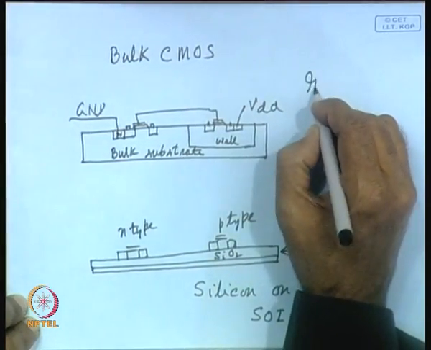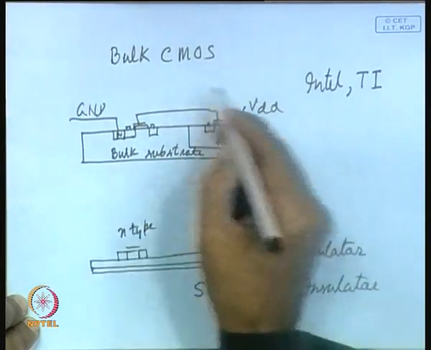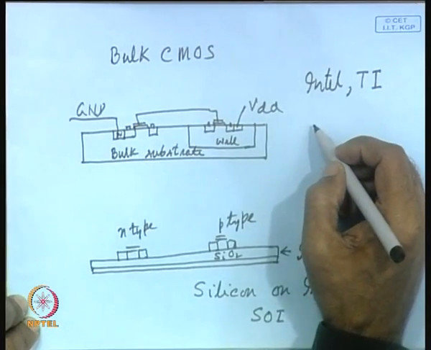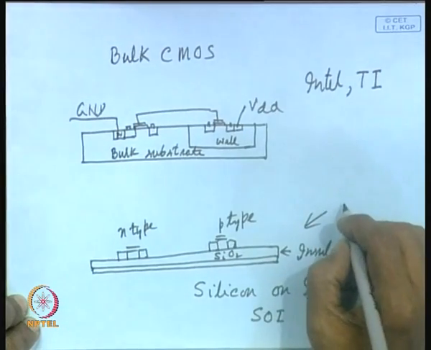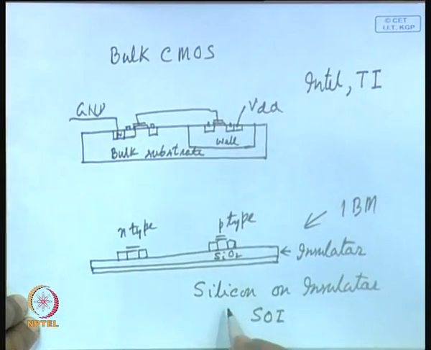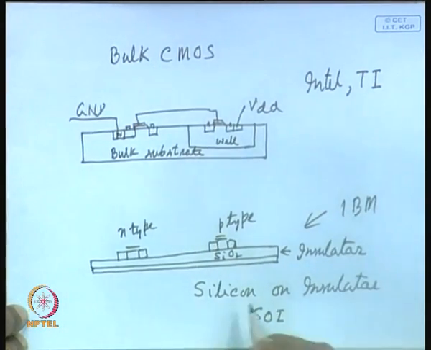So, there are clearly two different groups. For example, Intel, Texas Instruments, they are following the bulk CMOS approach for realizing VLSI circuits. On the other hand, the SOI approach is being followed by IBM. IBM is using the SOI approach for realizing VLSI circuits, and it has been found that this SOI approach has some good features.